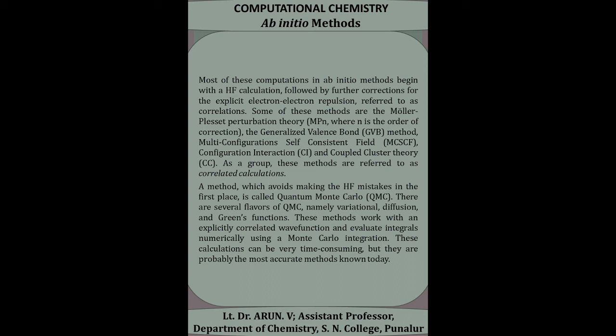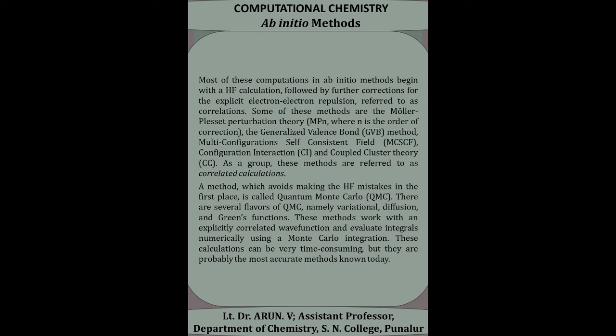As a group, these methods are referred to as correlated calculations. That is, MPn, GVB, MCSCF, CI and CC methods were all called correlation calculations in computational chemistry.